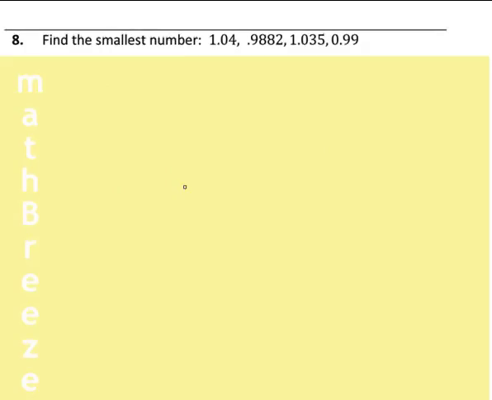Number 8, we want to find the smallest number. So again, let's just line up these digits. And now we want to write a line filling in with zeros.